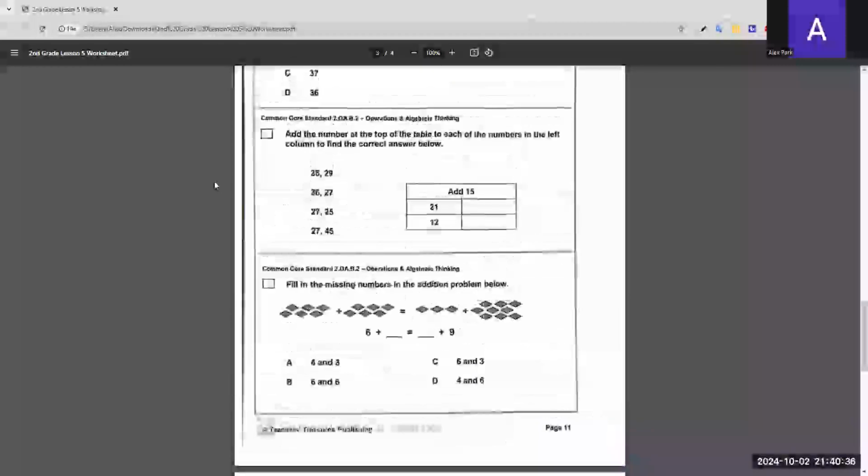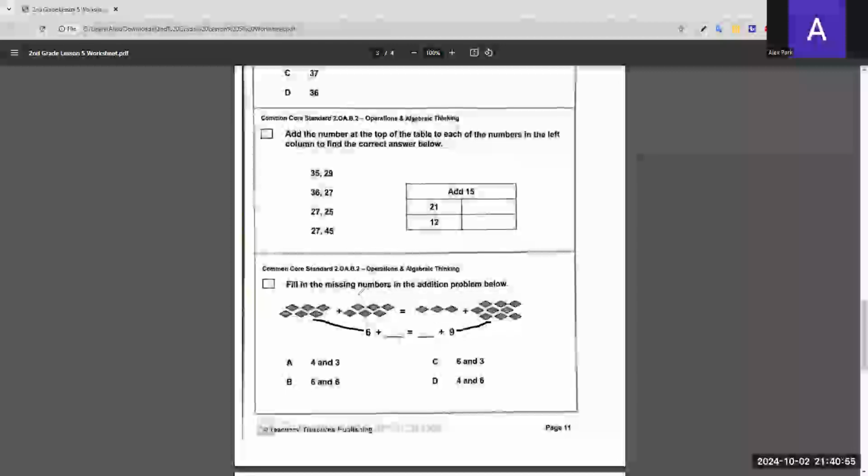Now moving on to filling in the missing number, where this diagram or this picture represents the number here. So we can see here that these two are the same and these two are the same.